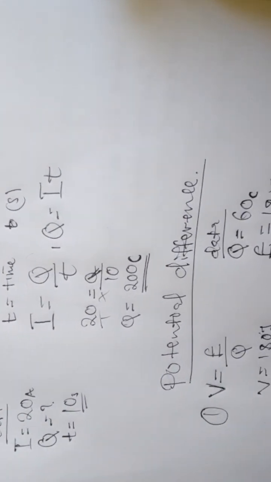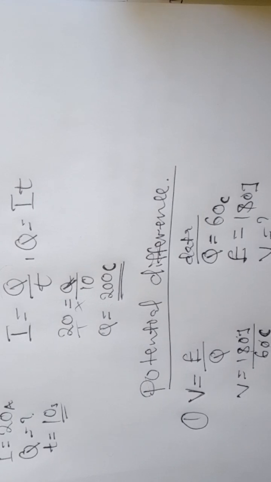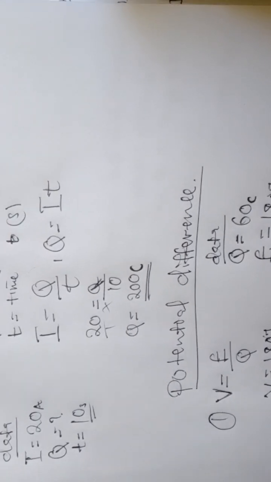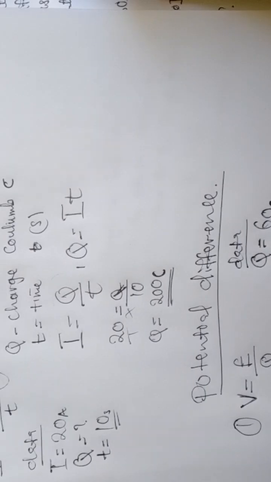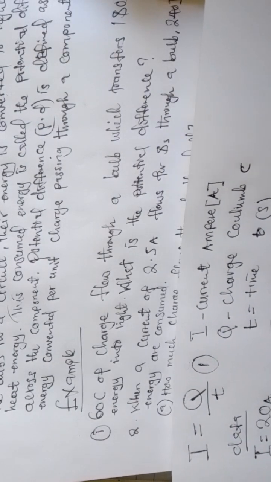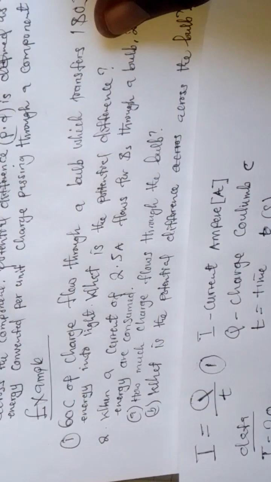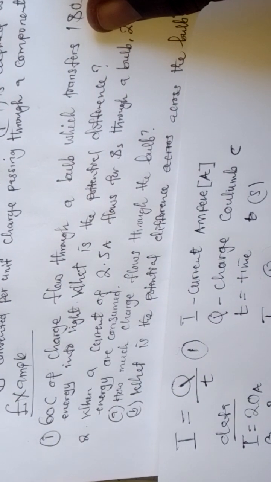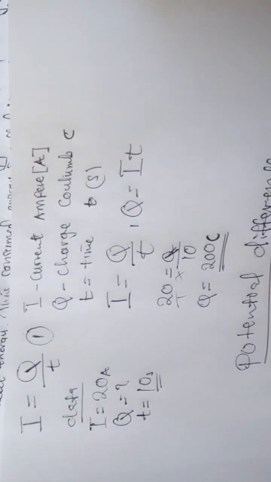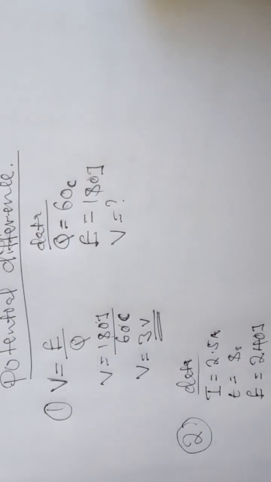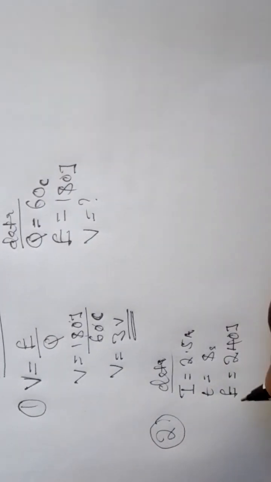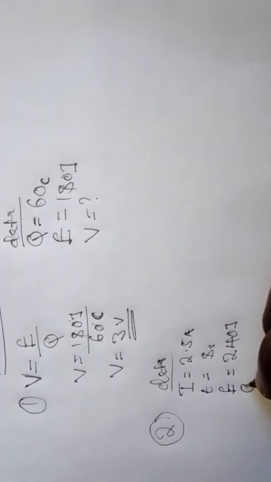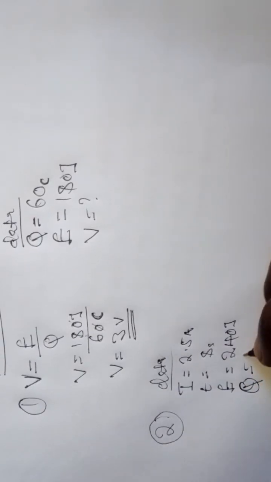So coming to our question 2A. How much charge flows through the bulb? The charge, which is Q, we don't know.